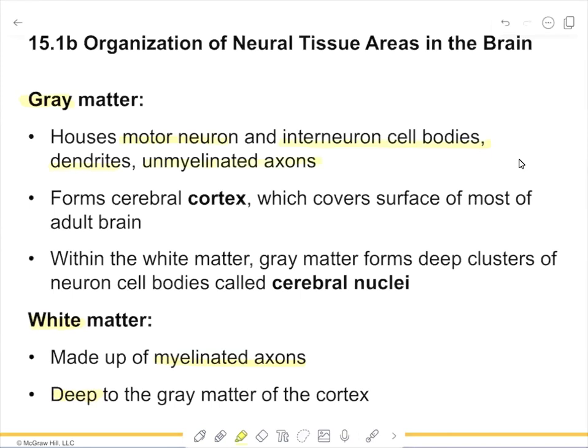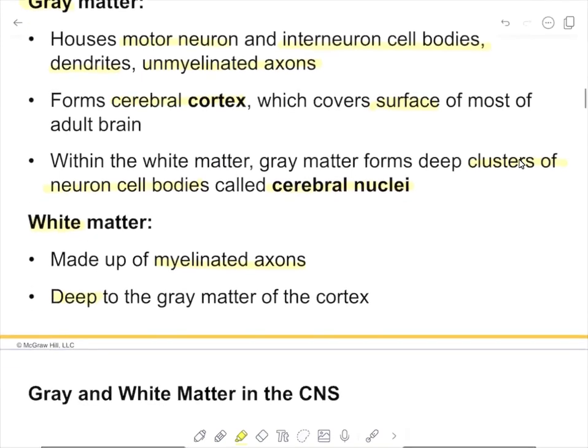This forms the cerebral cortex, and the word cortex means that it covers the surface. Within the white matter, there are islands of gray matter that are clusters of neuron cell bodies called cerebral nuclei. For example, the thalamus, which is part of the diencephalon, has neuron cell bodies and is a collection of cerebral nuclei.